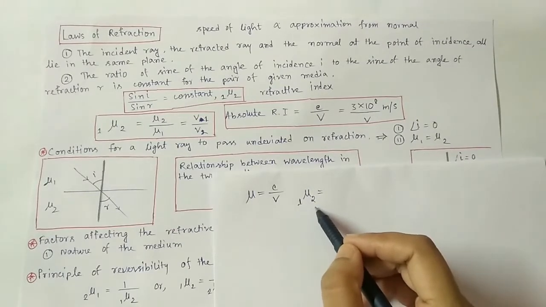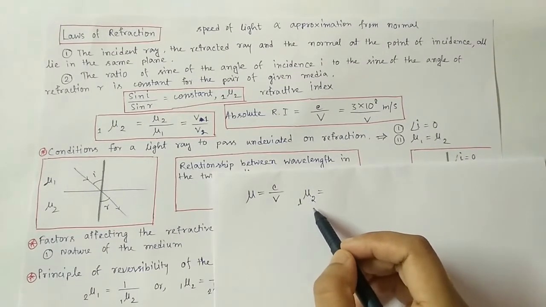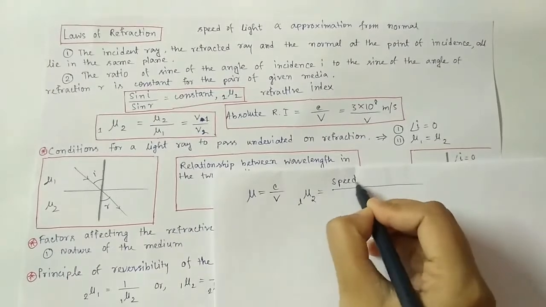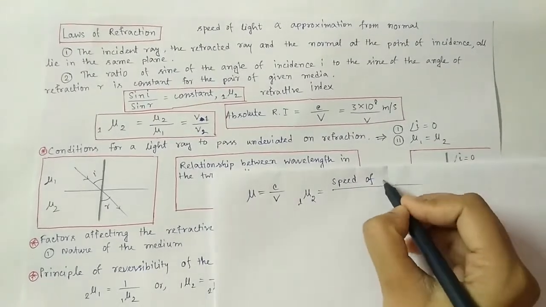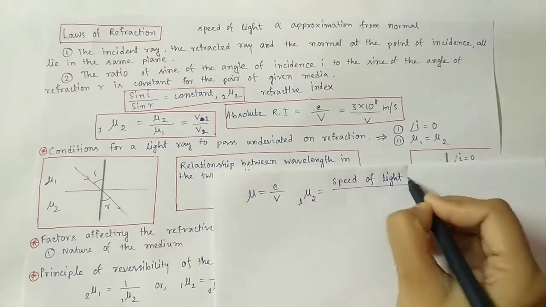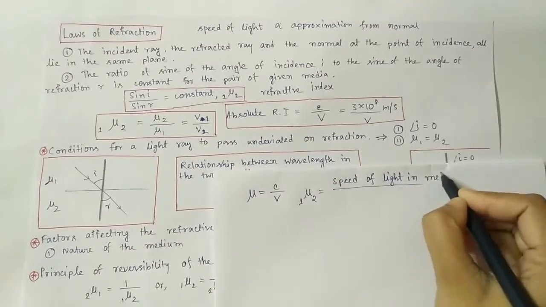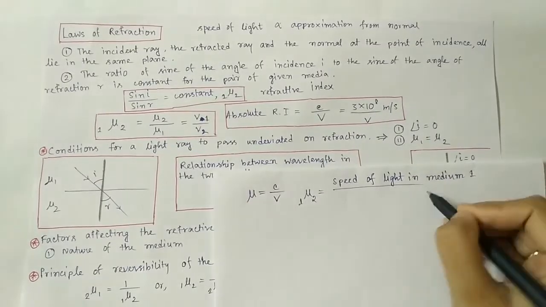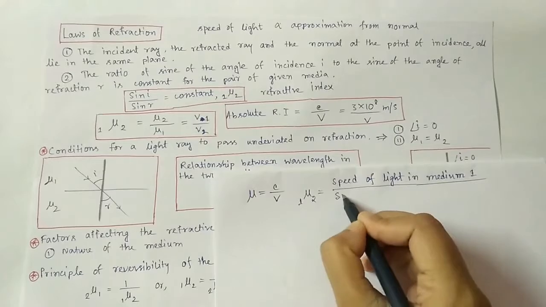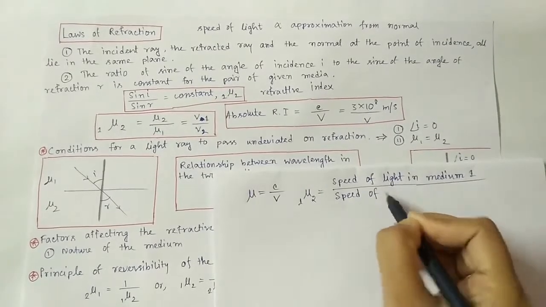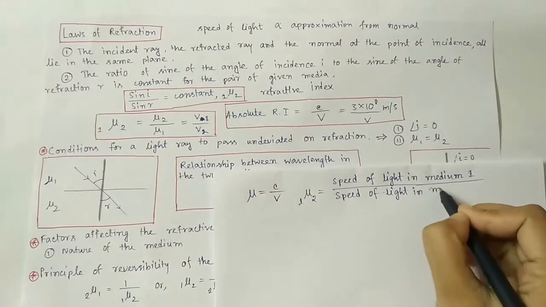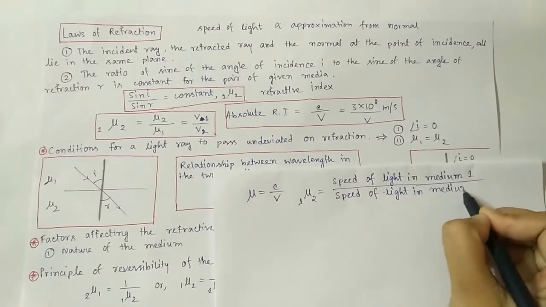So here you have to determine the refractive index of the second medium 2 with respect to 1, and it can be determined as the speed of light in medium 1 by the speed of light in medium 2.